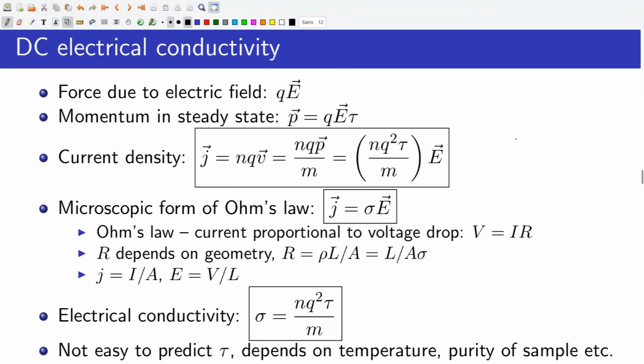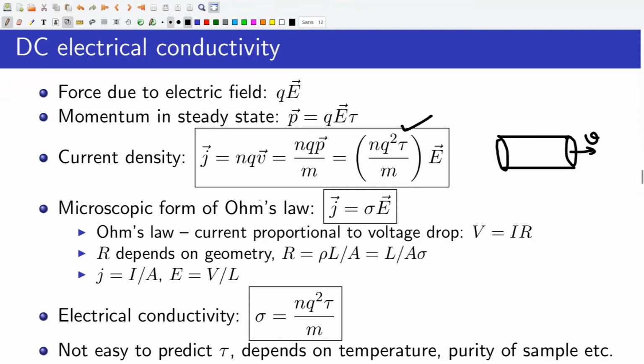For example, if the wire looks like this, and this is the velocity v, then we can define current density J as this, where N is the carrier density and Q is the charge of the electron. And ultimately, using this equation, we can get J in this form.